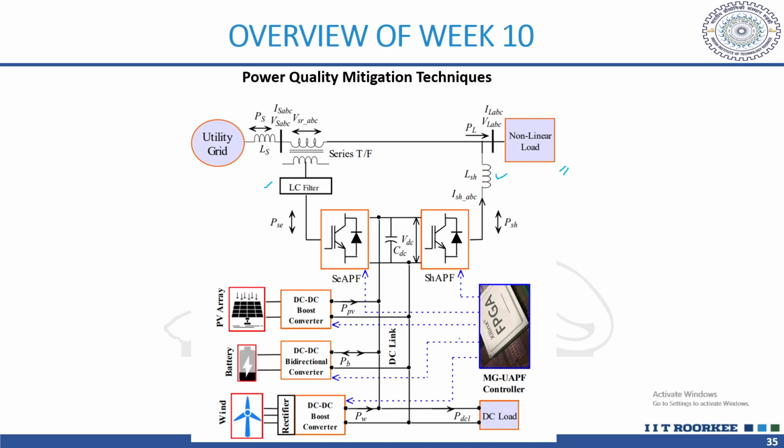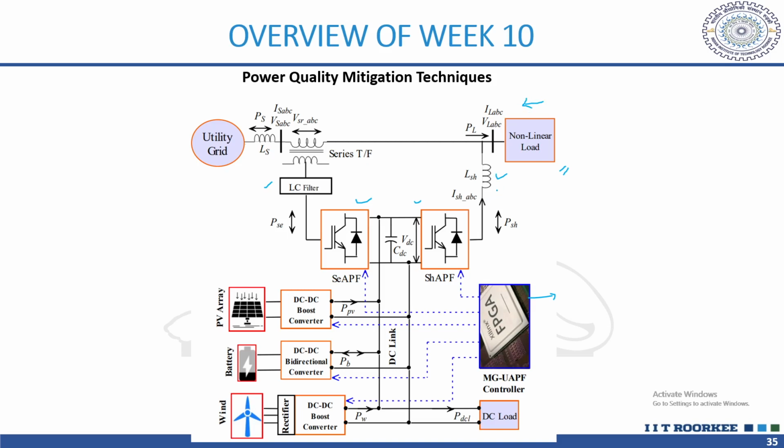Depending upon the control algorithm in the FPGA based controller, the duty cycles or pulses will be sent to these filters to limit the harmonics being injected by the nonlinear load.